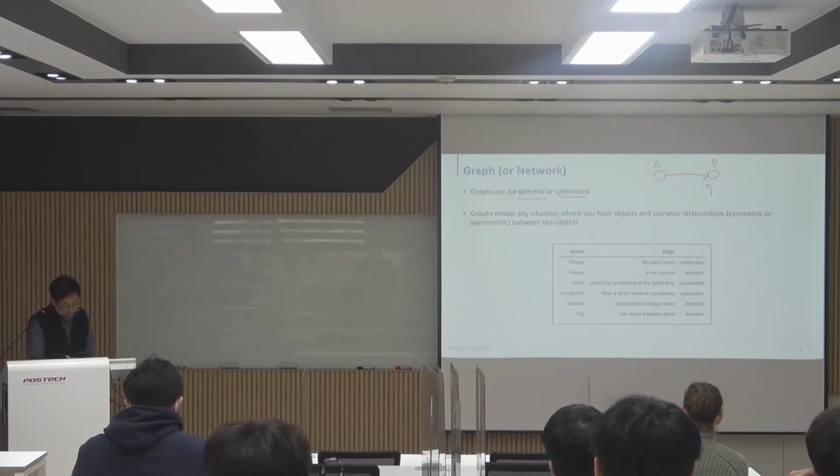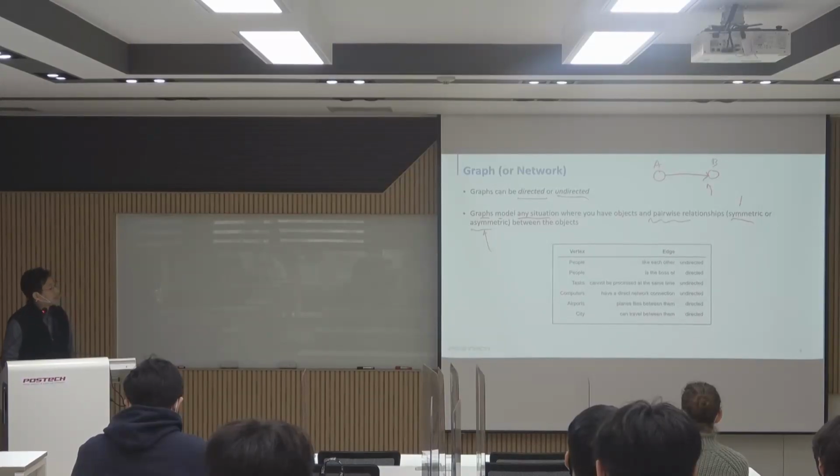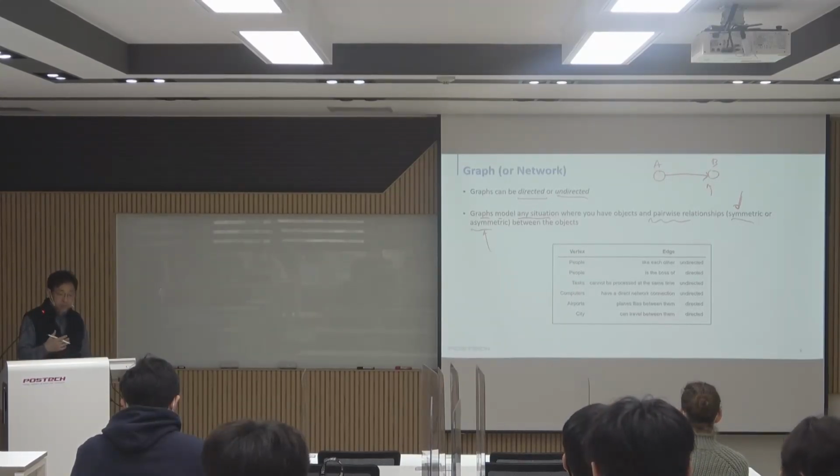I want to show you some examples. Graph models apply in any situation where you have objects and pairwise relationships. It could be symmetric or asymmetric. Symmetric properties can be represented by an undirected graph, and on the other hand, asymmetric ones can be modeled as a directed graph.